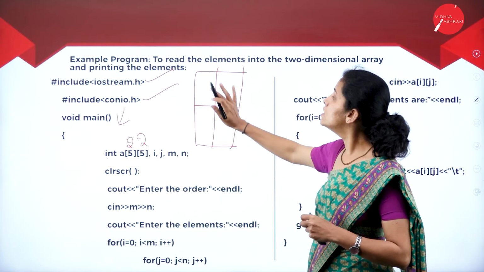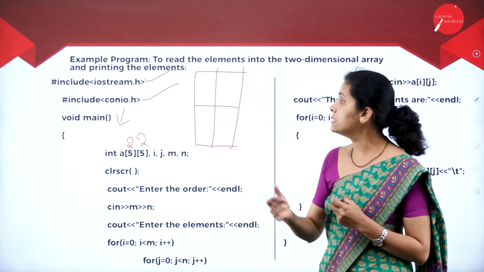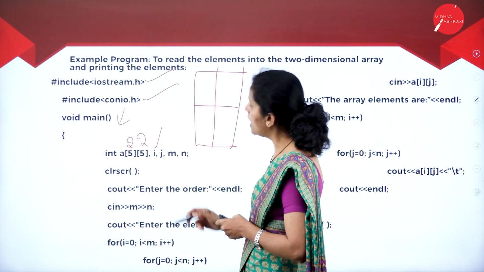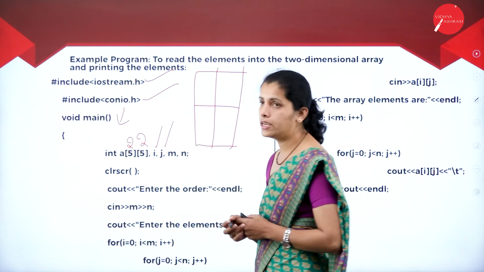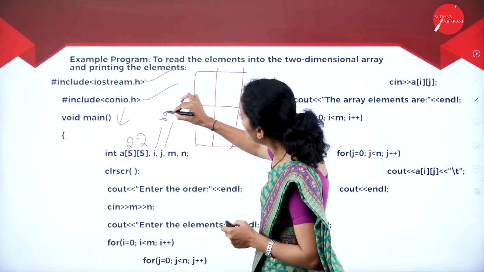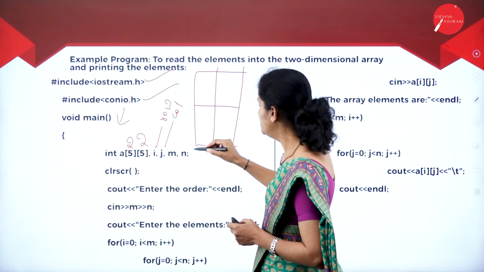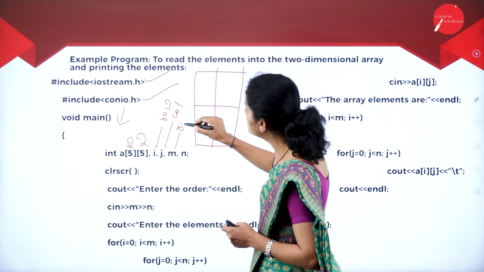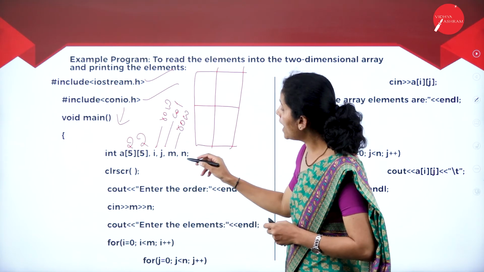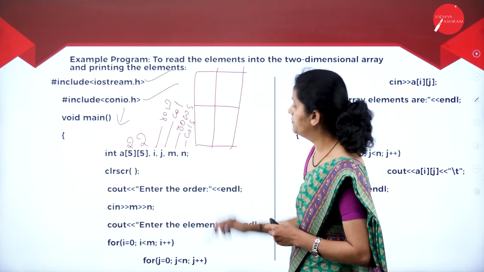So this is a 2 cross 2 matrix representation. Here I'm having index i and index j. i is for my row and j is for my column. Here m is nothing but the row size, whereas n is nothing but the column size.